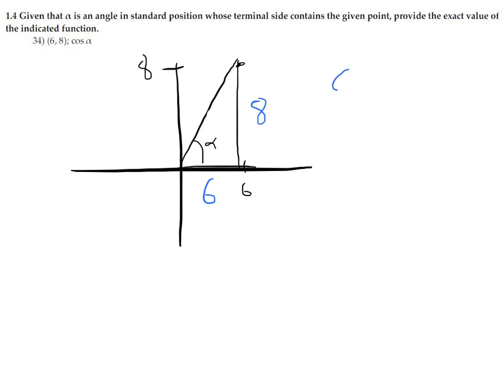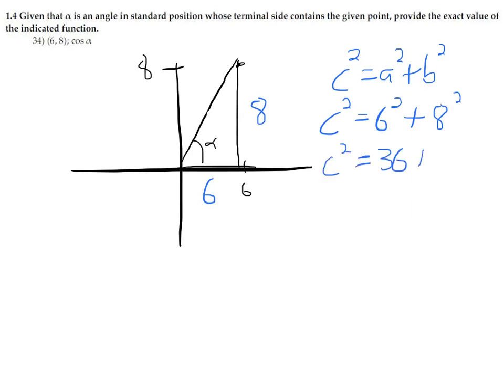And the Pythagorean theorem allows us to get the hypotenuse. That would be 36 plus 64, or c squared equals 100, so c equals 10. So we can put a 10 for the hypotenuse.